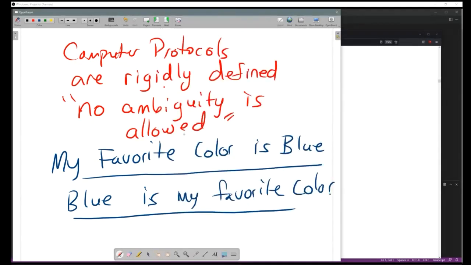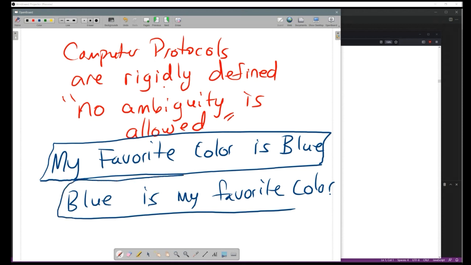So that brings us back to this example over here. You can imagine that the protocol forces you to phrase your messages like this. And if you phrase it any other way, for instance like this, then it will be rejected or it won't understand your message. So essentially, protocols are very rigidly defined.